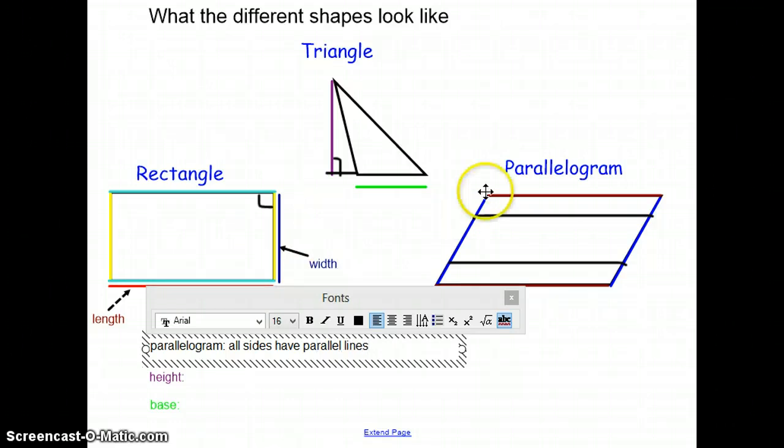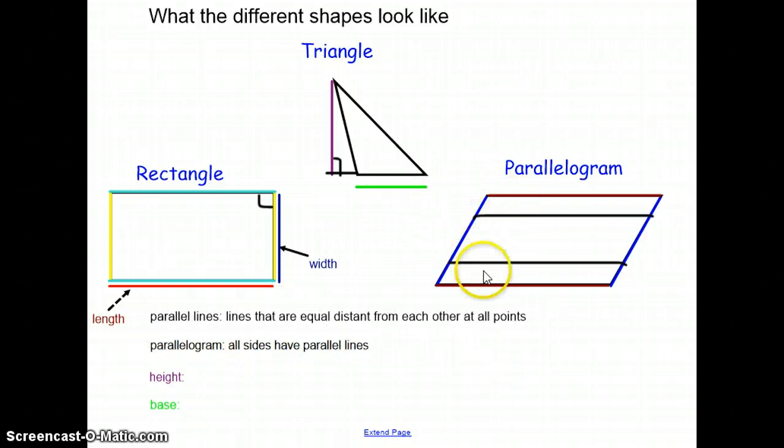A triangle would not have any parallel lines, but in this parallelogram every line has a parallel line to it. So this one has specifically four lines that are parallel, or 2 pairs.